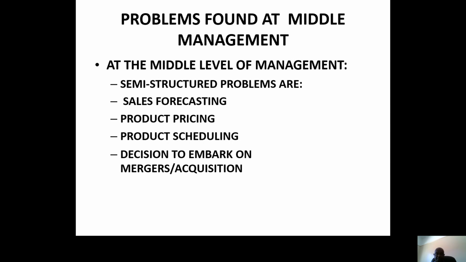Problems found in the middle management. These are the problems which the MIS attends to. Semi-structured problems: sales forecasting, product pricing, product assessment, decision to embark on mergers and acquisitions. Middle management takes care of that, although the final decision then comes from top management.